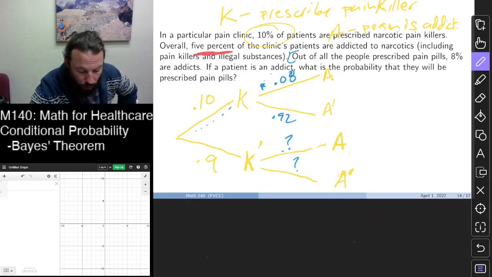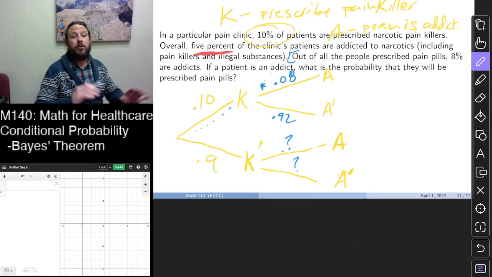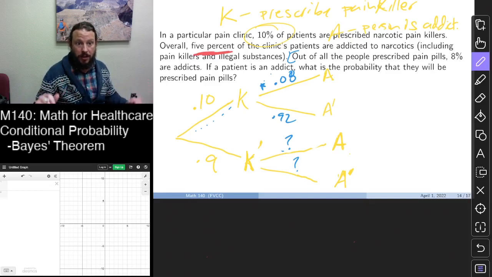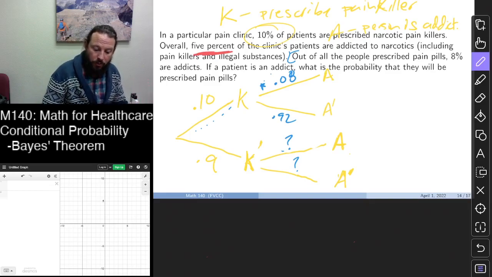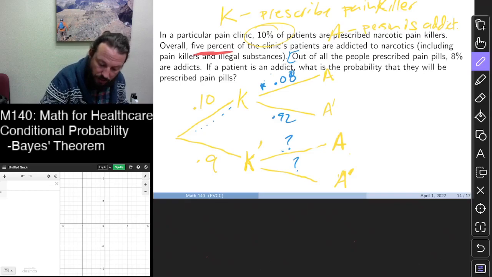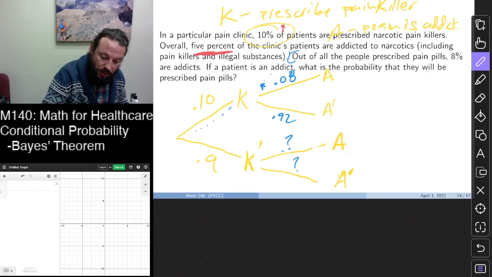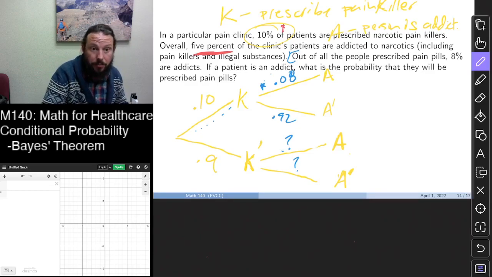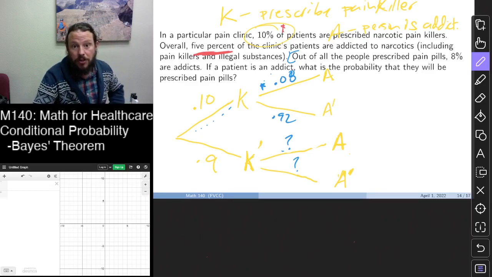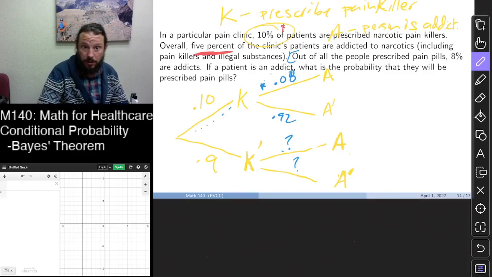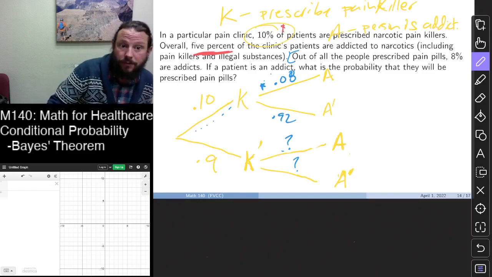So if you recall here, we said in a particular pain clinic, okay? So our sample space is everyone at this pain clinic. And 10% of patients are prescribed narcotic painkillers. So I'm going to say let K be the people that are prescribed painkillers and A be the people that are addicted, as far as events.